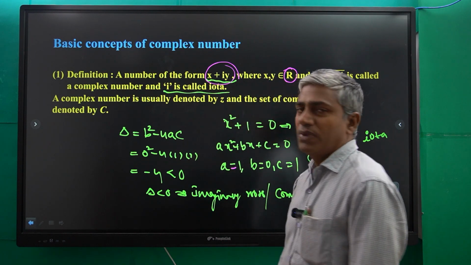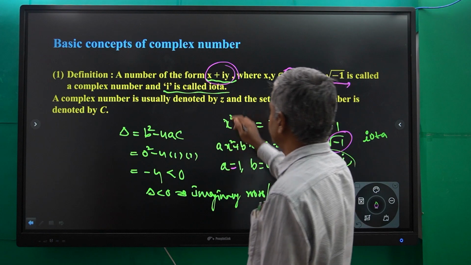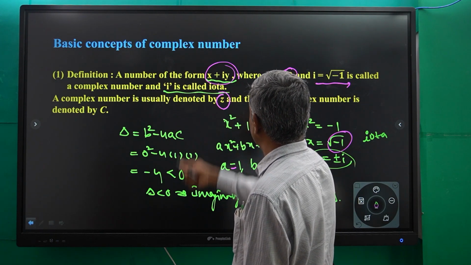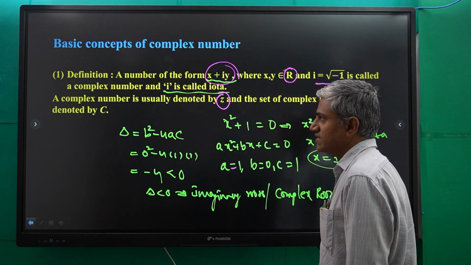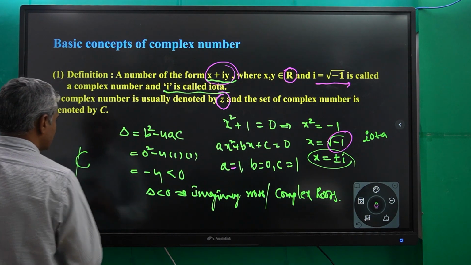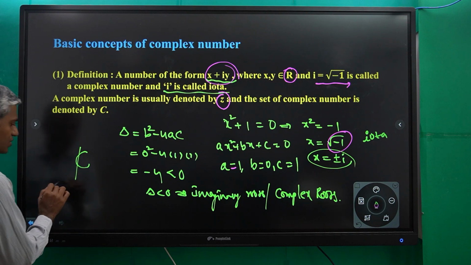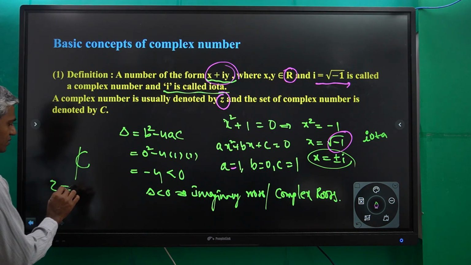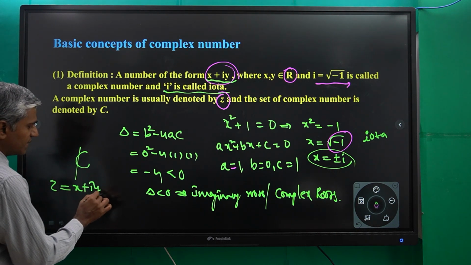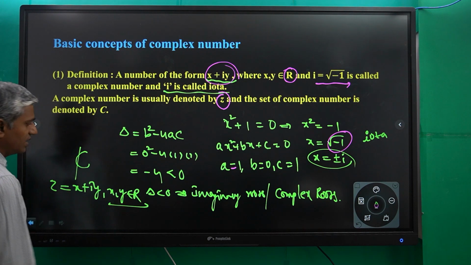A complex number is usually denoted by small z, and the set of complex numbers is denoted by capital C. So z is equal to x plus iy, where x, y belong to real numbers.